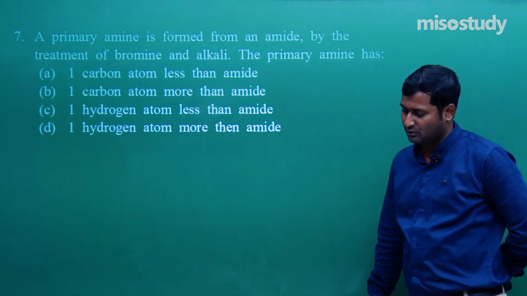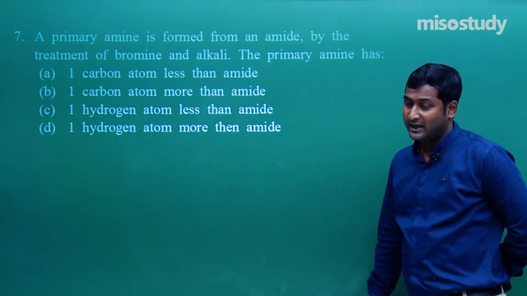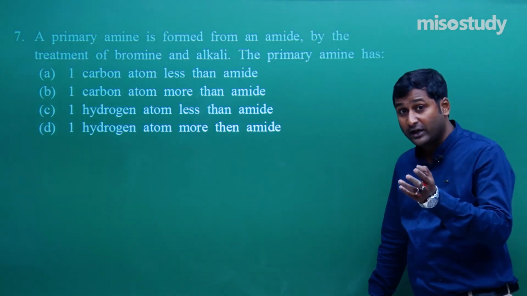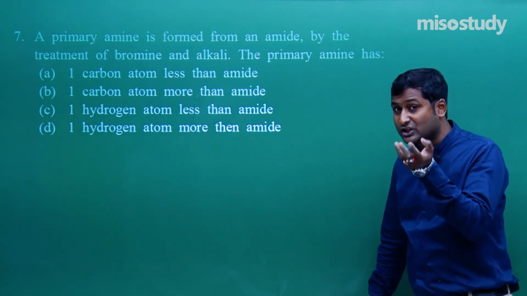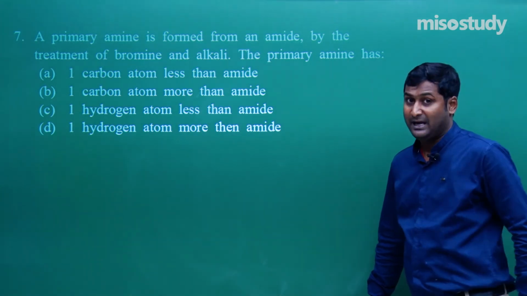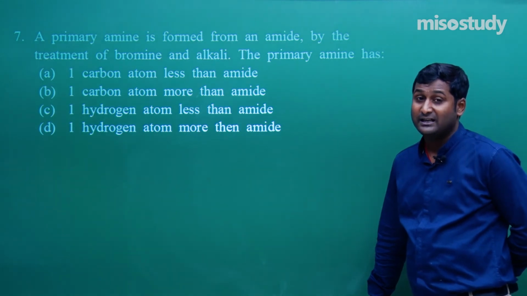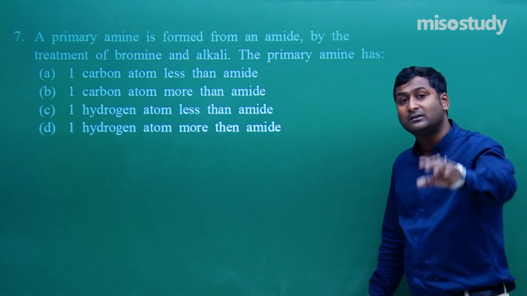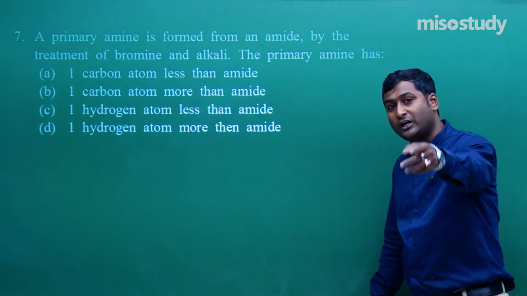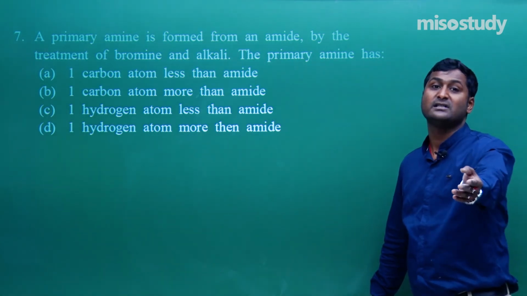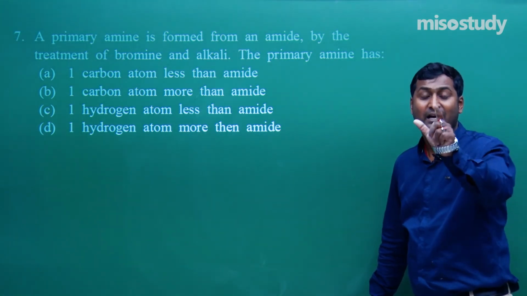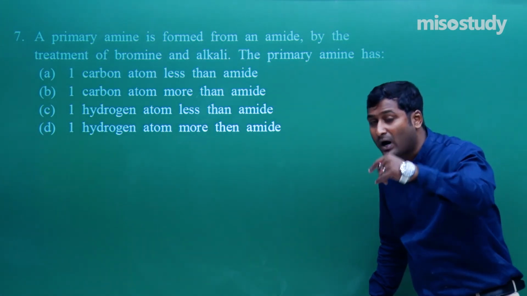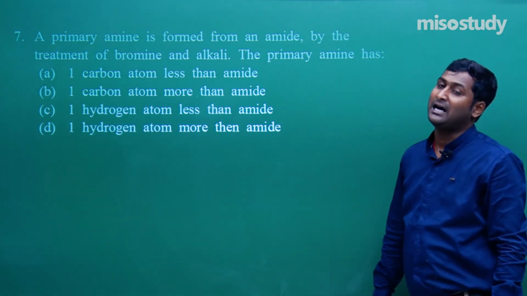This is a completely theory based question. Think of the theory, what was the reaction and what will happen. As I discussed, remember this: if I take an amide which contains 5 carbons, then on treatment with Br2 in the presence of alkali, an amine is formed which has 1 carbon more than the amide.